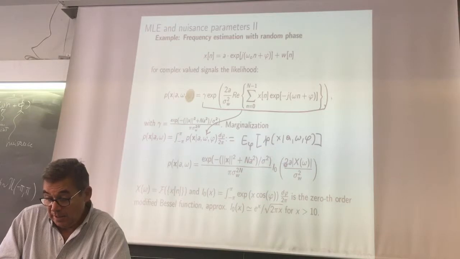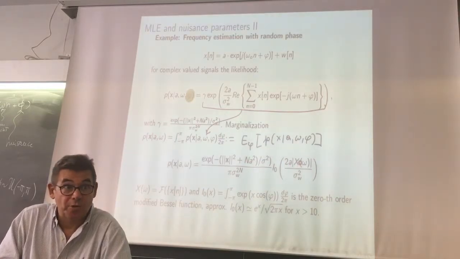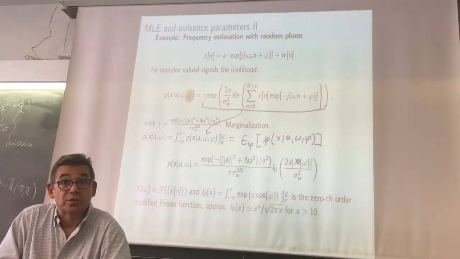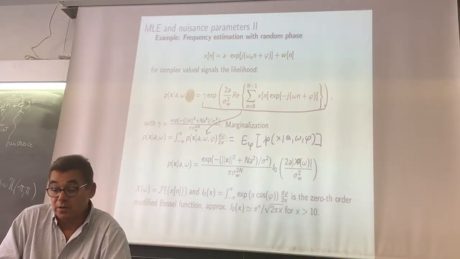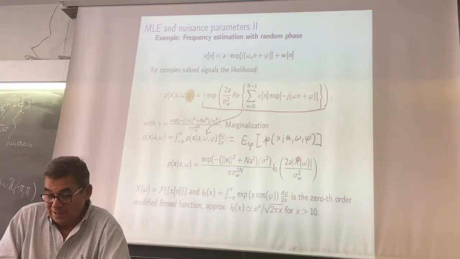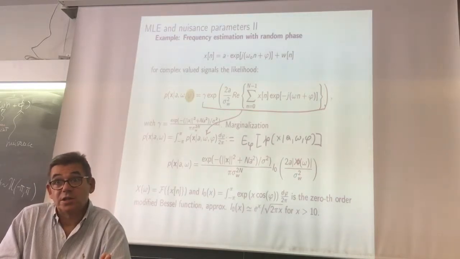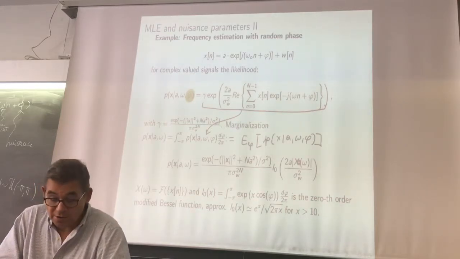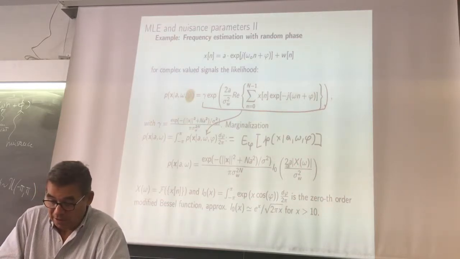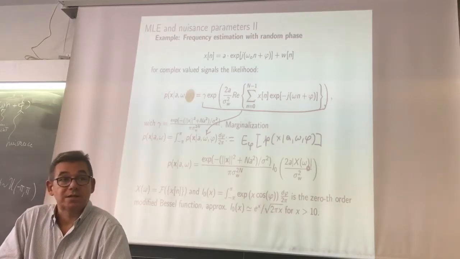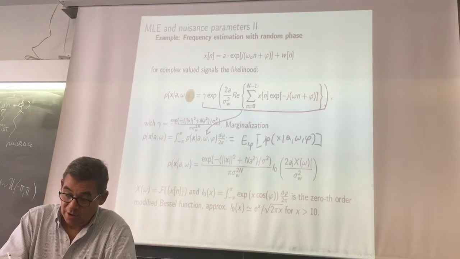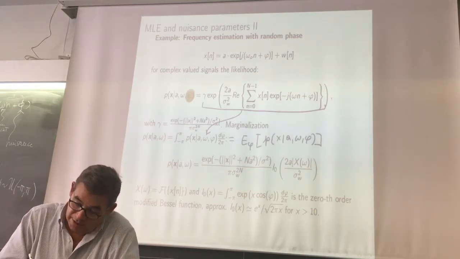And here, this X(omega) is the Fourier transform of the data. I0 is the Bessel function, one of the Bessel functions. So that means that at this stage, this one does not depend on phase. And so my goal is that I need to maximize this function. This is the likelihood function. So now this specific one is a likelihood function.